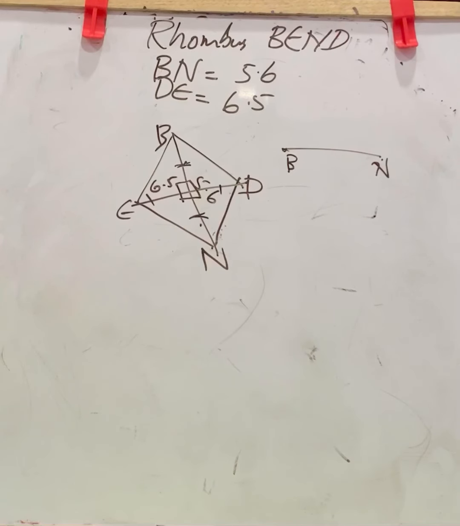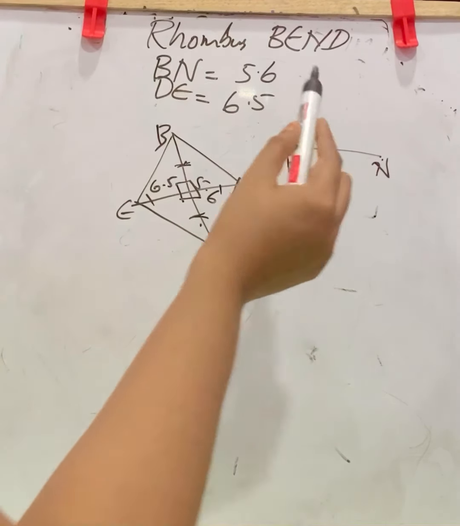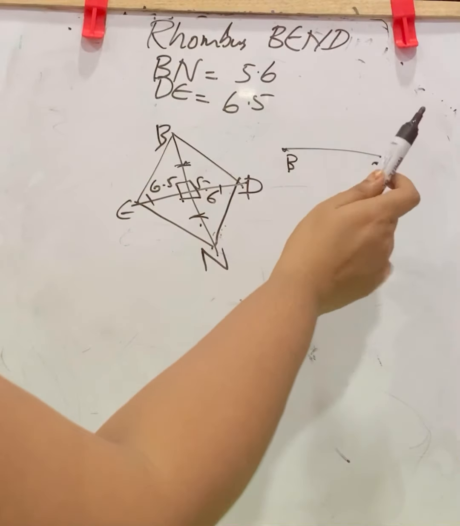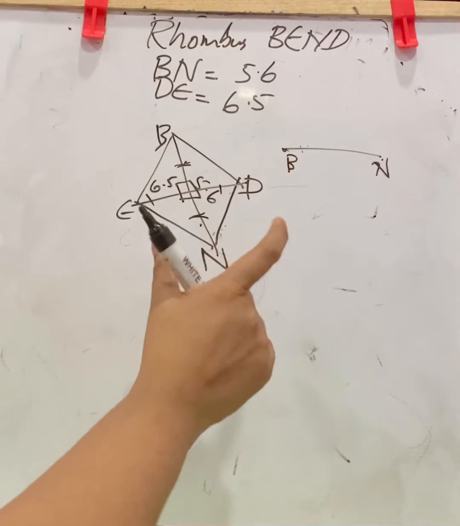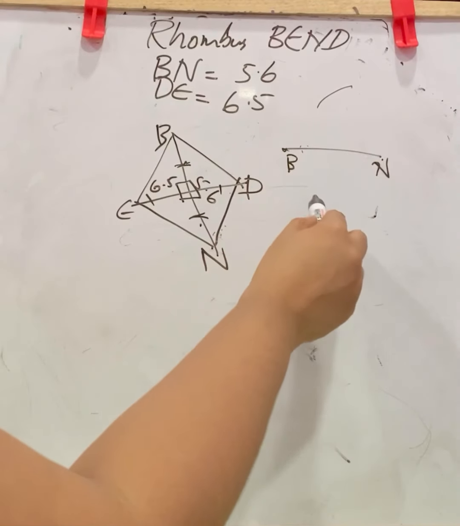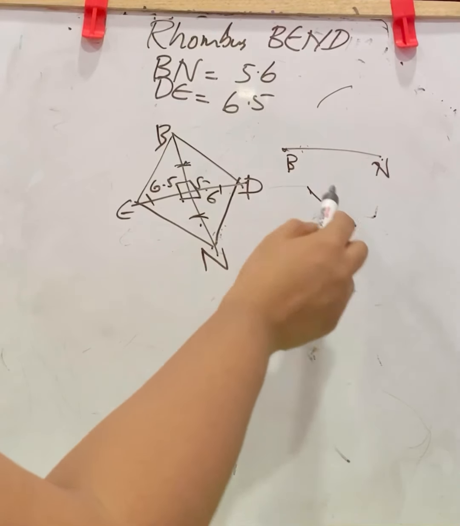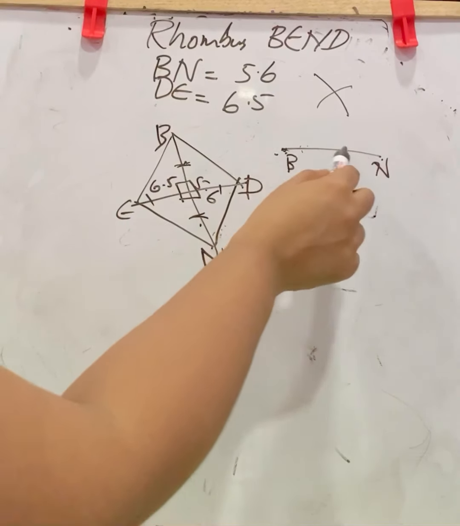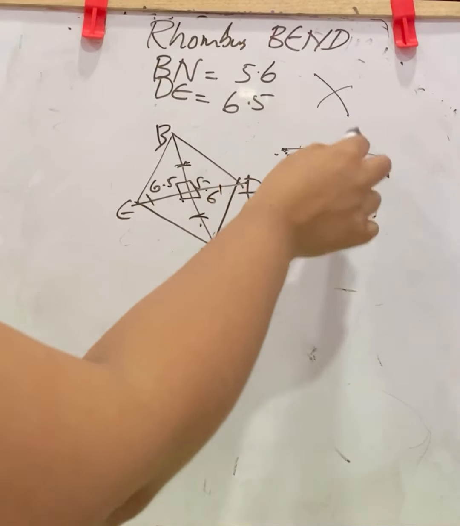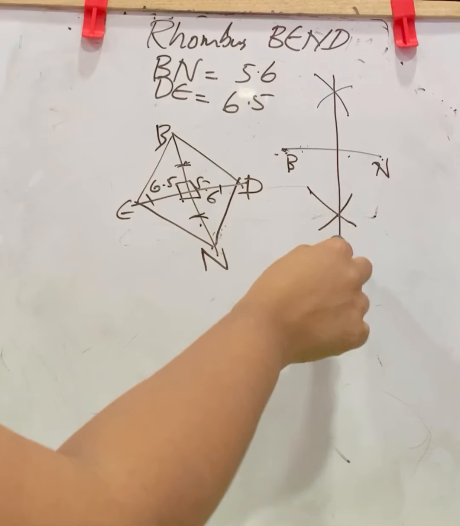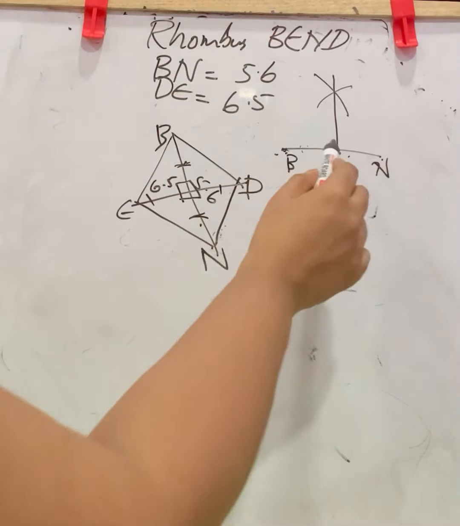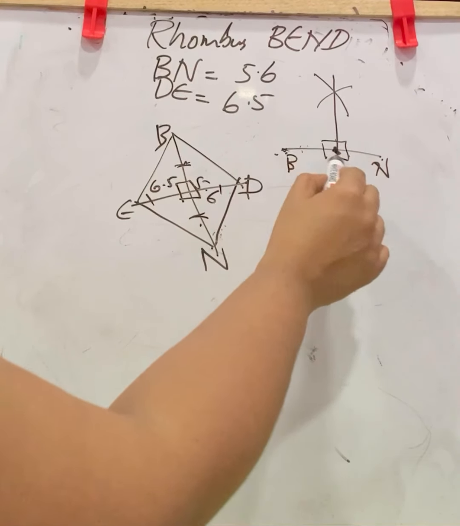To find a bisector or midpoint, we take more than half the measurement in the compass and draw arcs on the upper side and lower side. From here also we take more than half and draw 2 arcs. After that, join it. This point will be the midpoint. They bisect at 90 degrees.